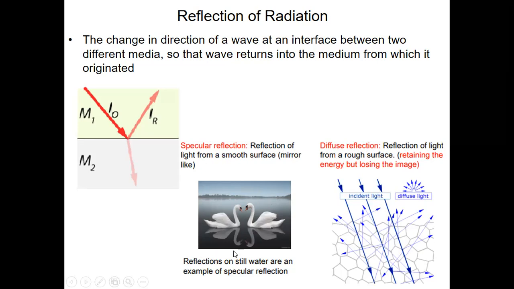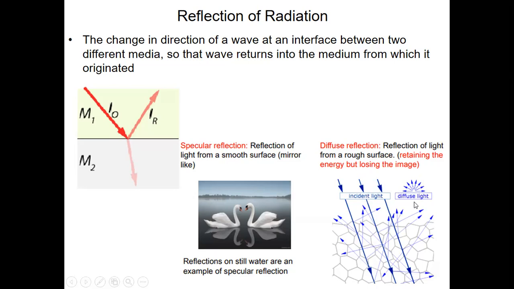Reflections on still water are an example of specular reflection, when there's a smooth surface. In diffuse reflection, the surface is not smooth, it is rough, and the light reflects in all directions, so the light will be diffuse.